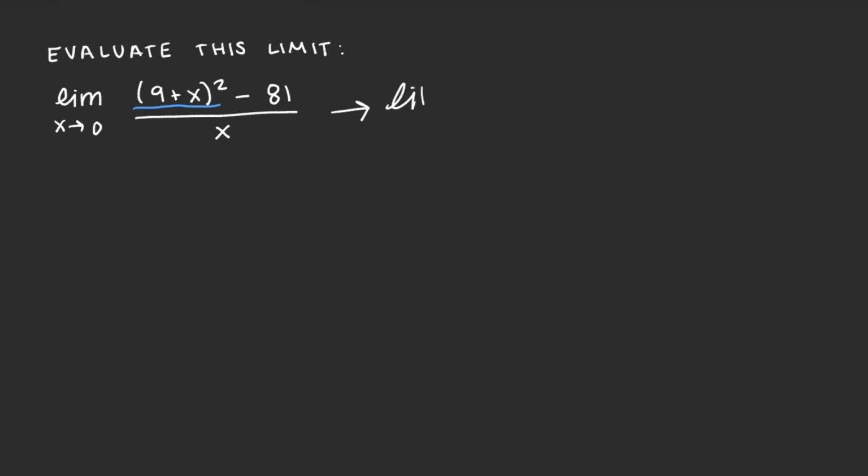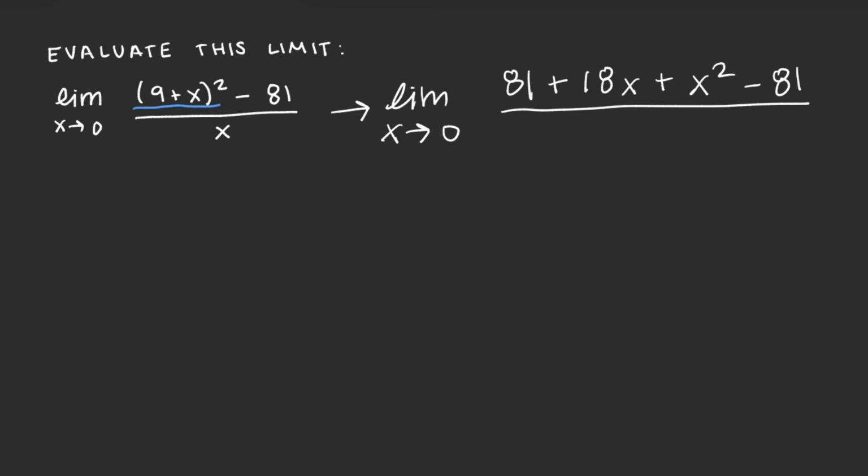The limit as x approaches 0, 81 plus 18x plus x squared minus 81 over x. So everything you see underlined right here is what 9 plus x squared used to be. I just expanded that squared.